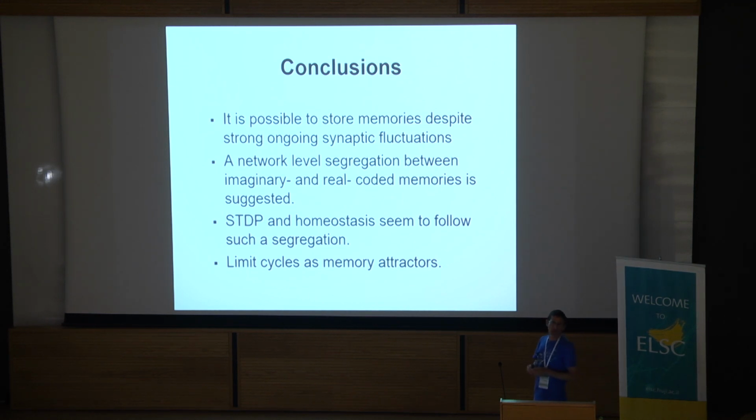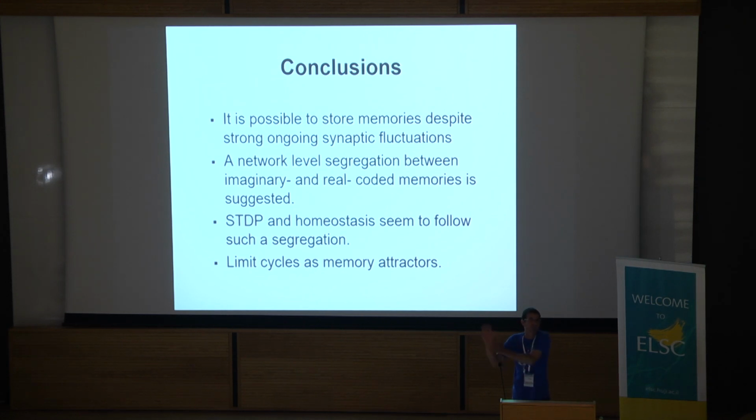So, it's possible to store memories despite strong ongoing synaptic fluctuations. Here we propose to do this at the network level. And the specific segregation we proposed is between imaginary and real coded memories. Now, there were other suggestions of segregations for inhibitory and excitatory and many other, and also for dynamics on functional and degenerate axes.